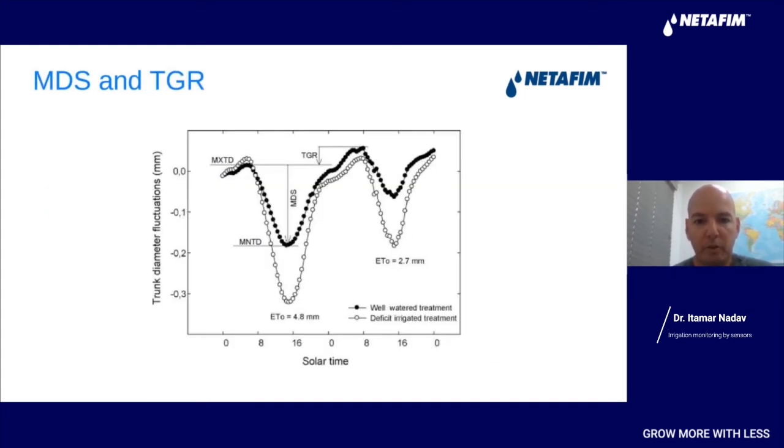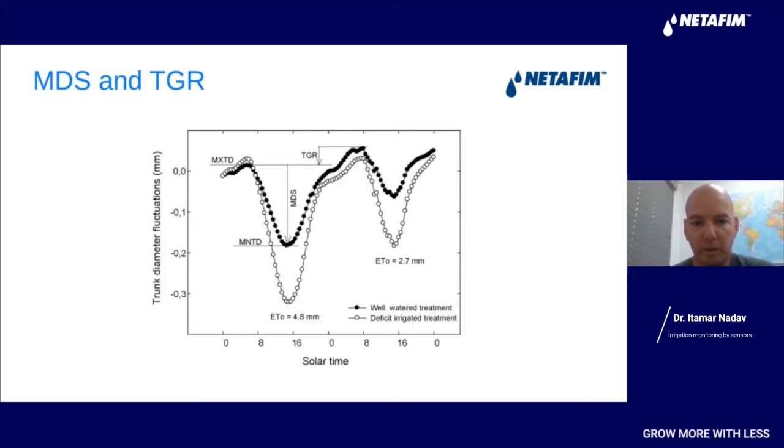here you can see actually what the graph of the dendrometers looks like. You can see that during the day the trunk is shrinking, and that's because the plant is losing water. And you can see that if the plant is under more severe stress and has less irrigation, the MDS is much higher, which indicates much higher stress.